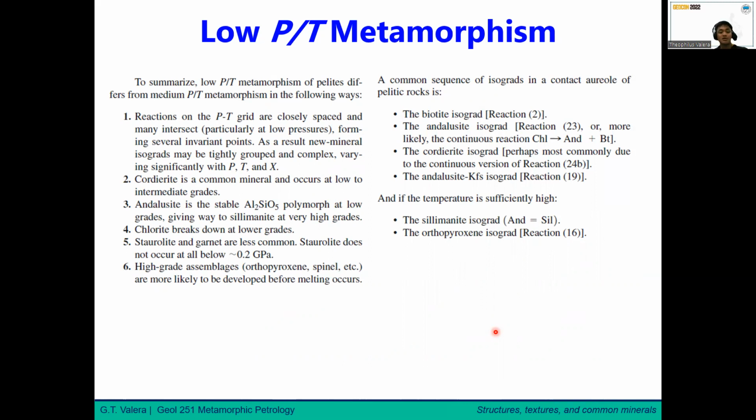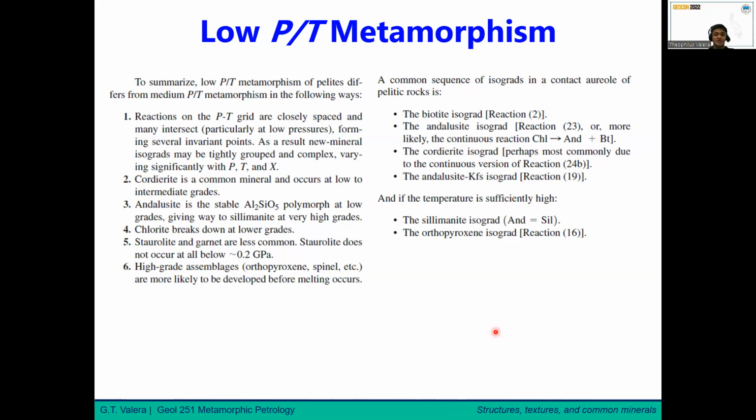And andalusite is a stable aluminosilicate polymorph at low grades, giving way to sillimanite at high grades. Chlorite breaks down at lower grades. Staurolite and garnet are less common. Staurolite does not occur at all below 0.2 GPa. And high-grade assemblages, orthopyroxene spinel, are more likely to be developed before melting occurs. Okay? Kasi nga wala na tayong tubig.